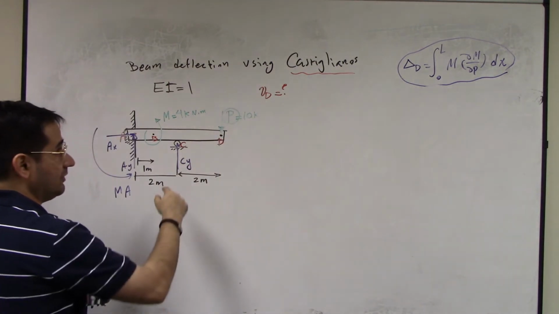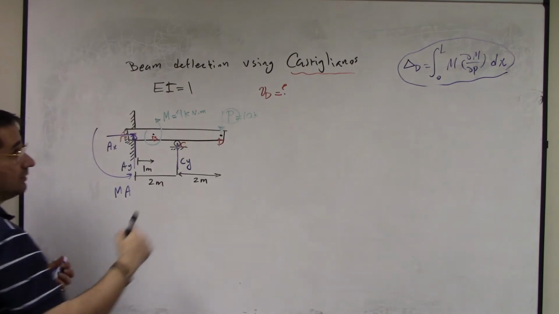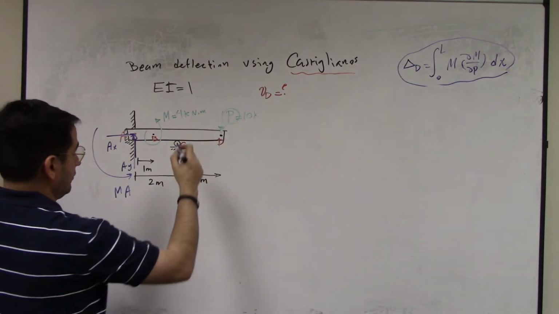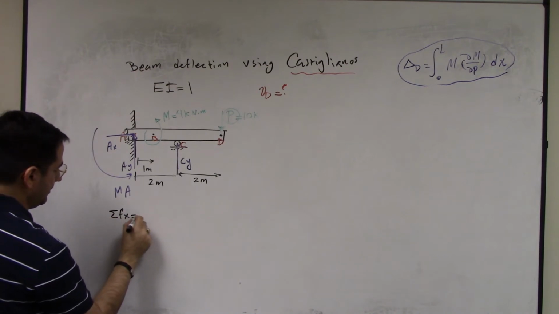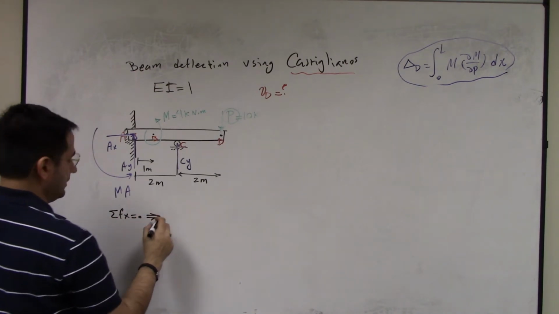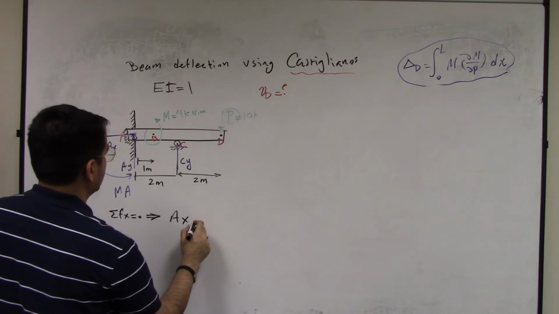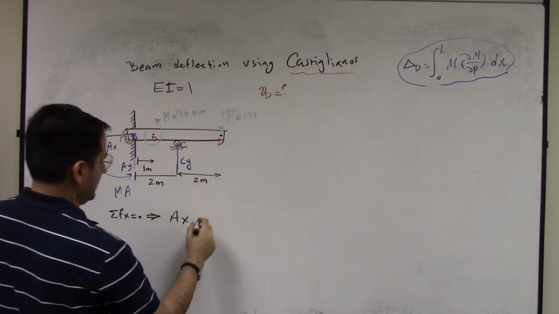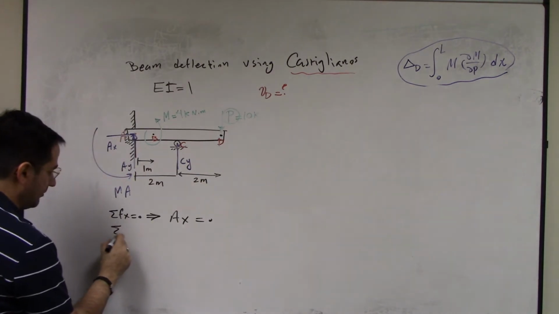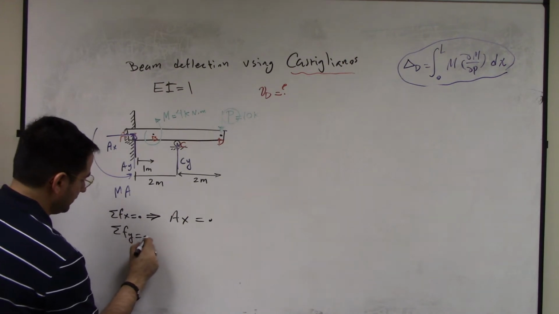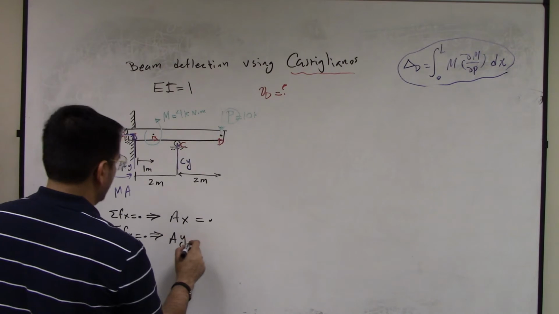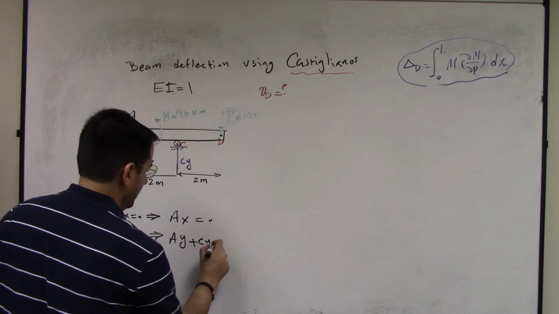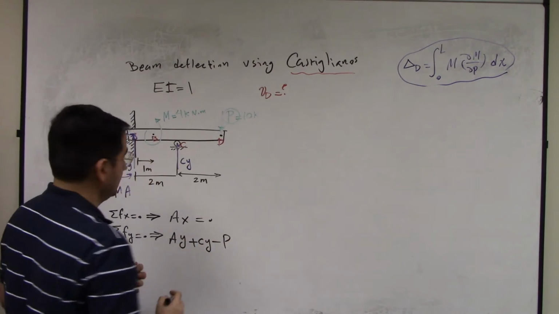So for the energy of this, all we need is a moment diagram. So I'm going to write the equations. Summation of force in X is 0, that would give me AX. There is no other force in X, so it is equal to 0. Summation of force in Y is equal to 0. That would give me AY plus CY minus P is equal to 0.